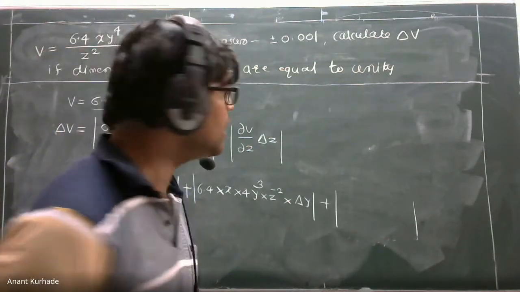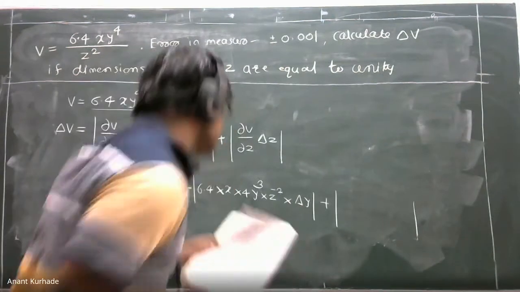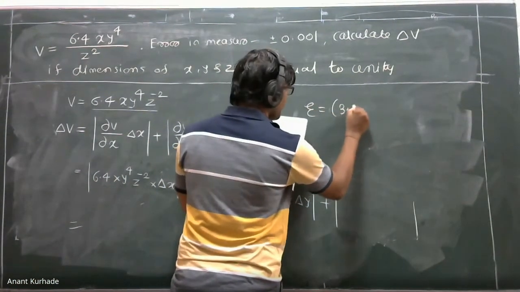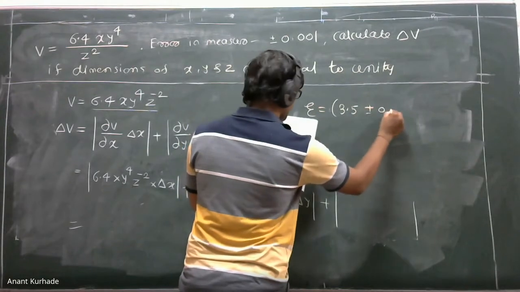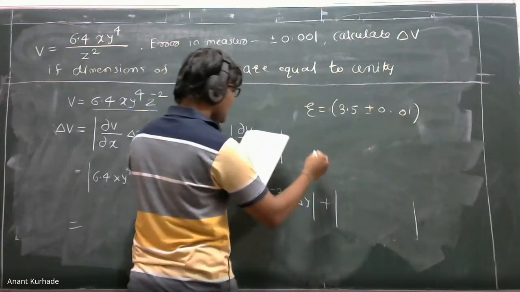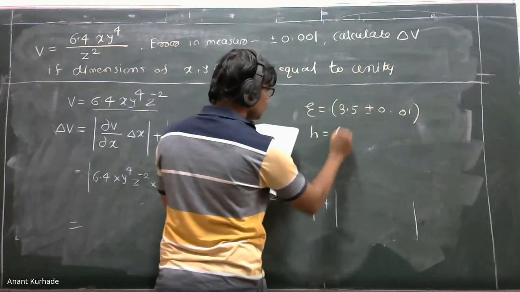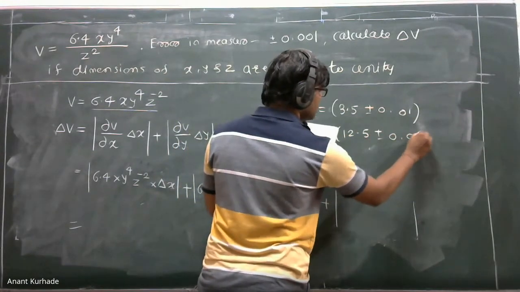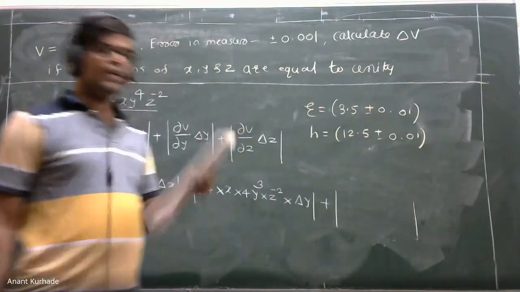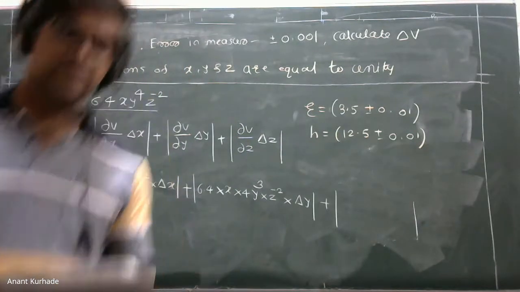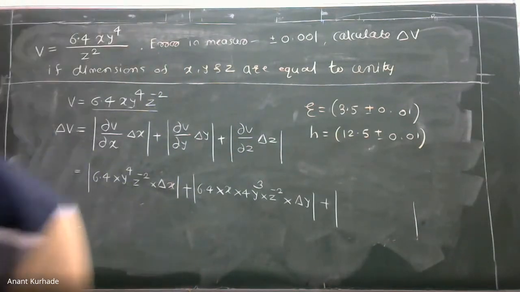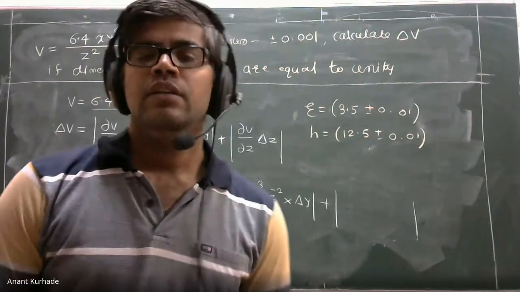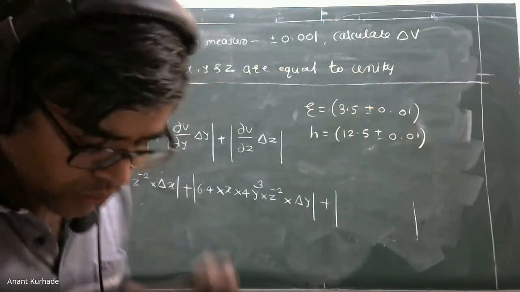If r is equal to 3.5 plus minus 0.01 and h is equal to 12.5 plus minus 0.01. Calculate absolute error. Start.